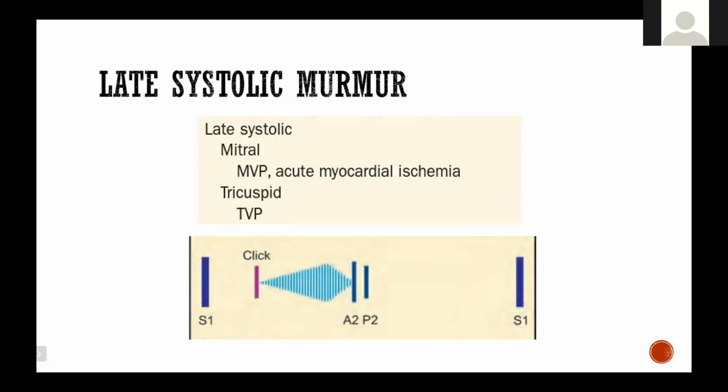When that happens, there is nothing supporting the mitral valve, so the mitral valve will prolapse. Once the mitral valve prolapses, which is seen in the later part of systole when the left ventricle volume is reduced, only then will blood start regurgitating into the atria. That is when the murmur will be heard. So that is why you have a late systolic murmur in cases of mitral valve prolapse.